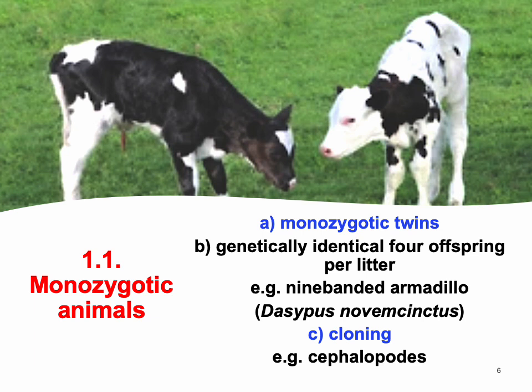And as an extra, double twins can be found in the nine-banded armadillo, where we have genetically identical four offspring per litter. So the siblings of the nine-banded armadillo are genetically identical. The armadillo produces four monozygotic offspring per litter, derived from one fertilized egg.